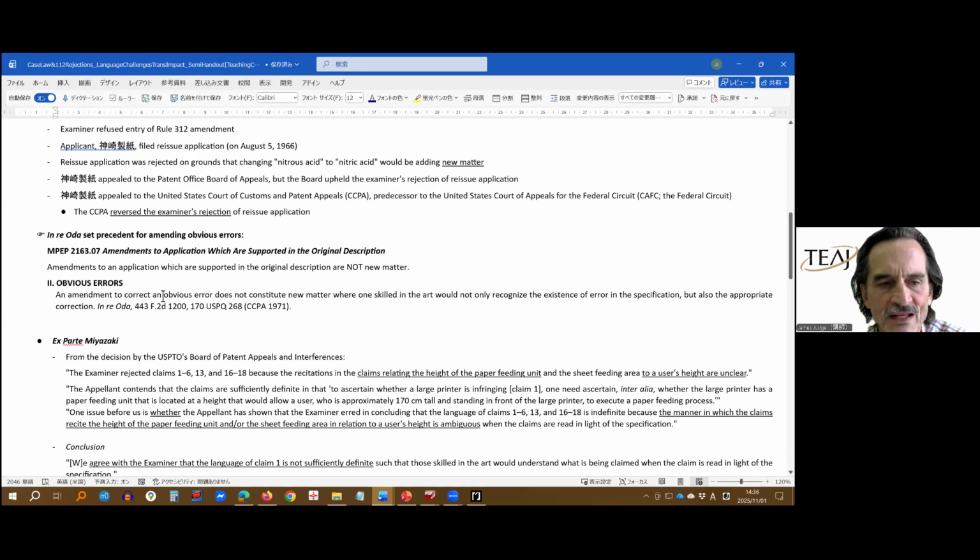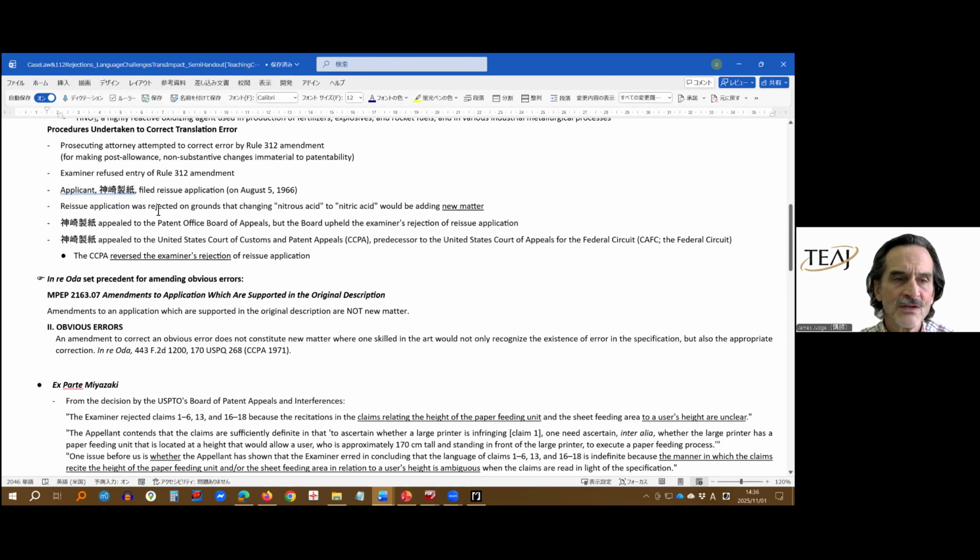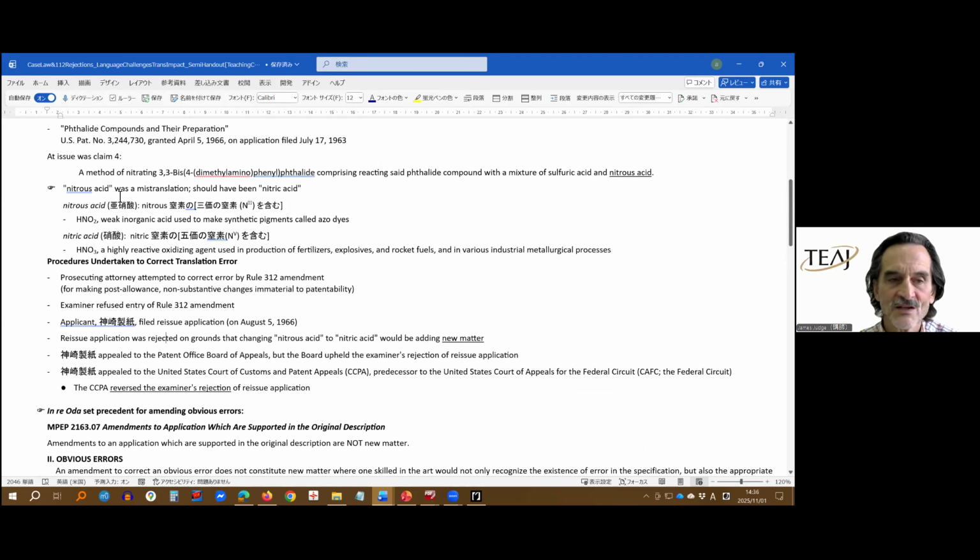An amendment to correct an obvious error does not constitute new matter where one skilled in the art would not only recognize the existence of the error in the specification, but also the appropriate correction. This came from that case In re Oda. So I think it's interesting. So just to review this very briefly, what happened was the translator made a mistake, but it's a very, we would call it an honest mistake.